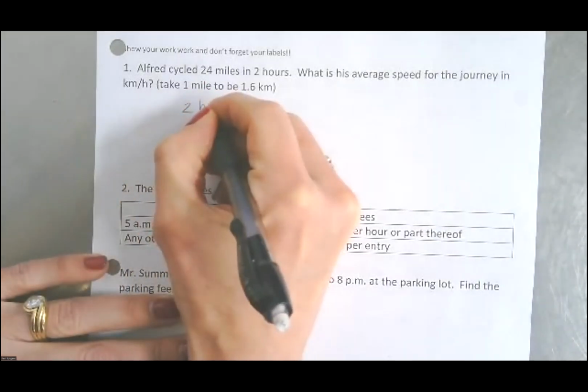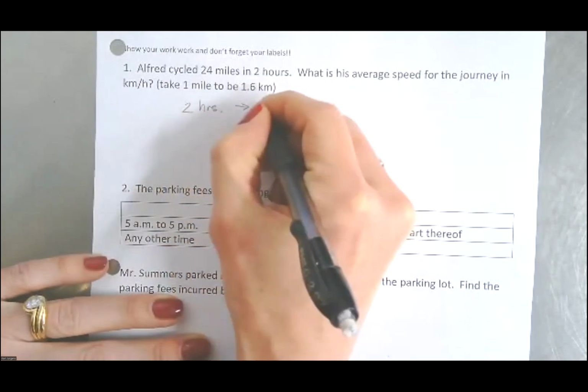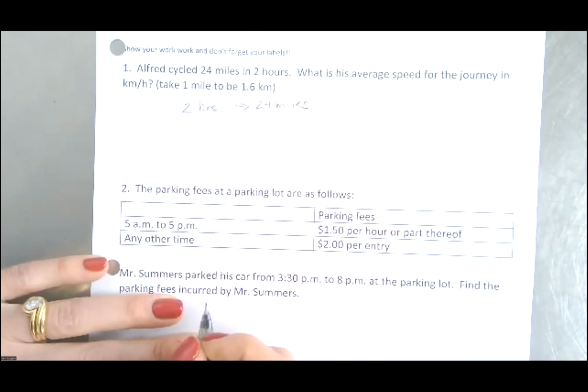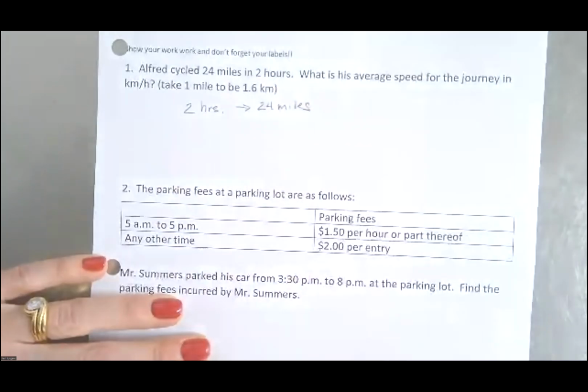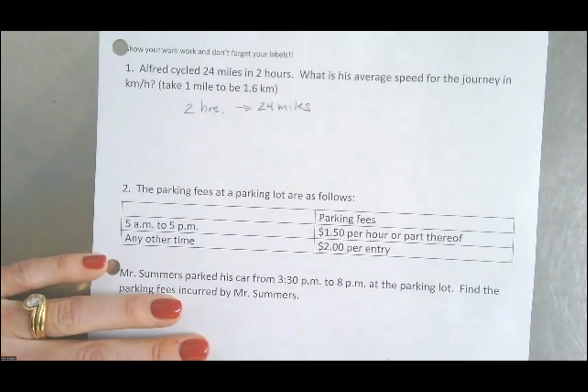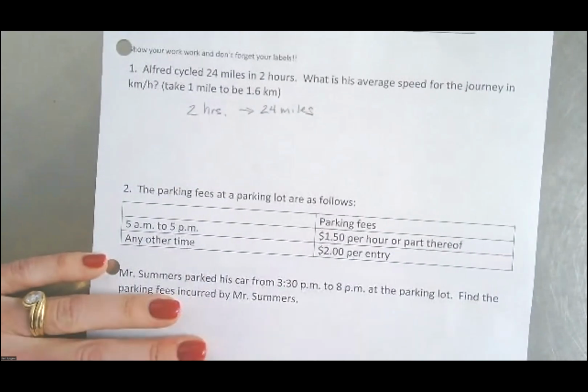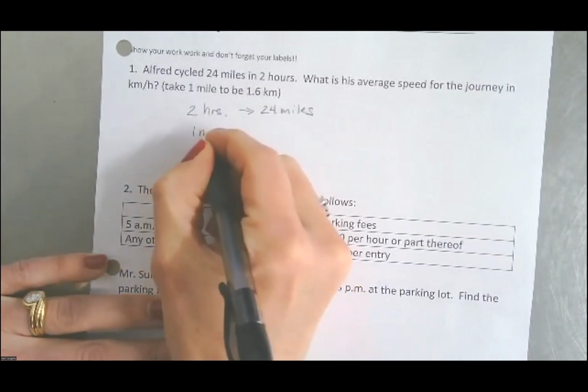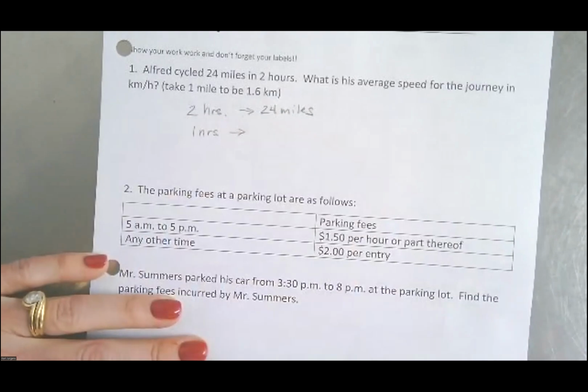So in 2 hours, Alfred travels 24 miles on his cycle. Okay, so if I'm finding a speed, remember, Anthony, you can pop back up to your desk now since we're going back through these together. We're always finding a unit of distance per unit of time, right? Per 1 unit of time. So how far does Alfred go in 1 hour?